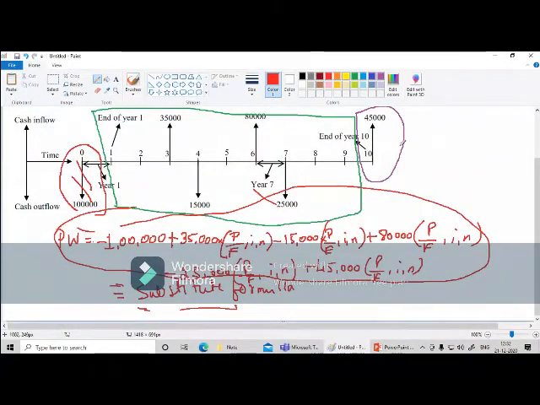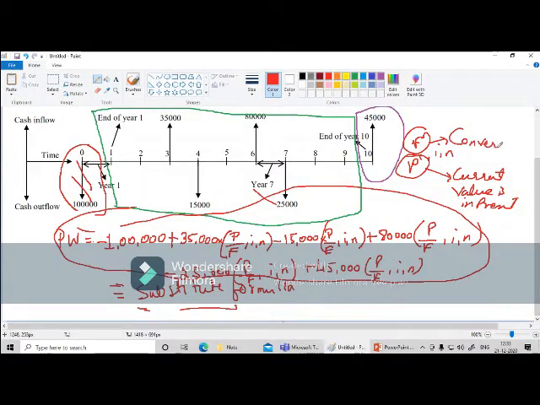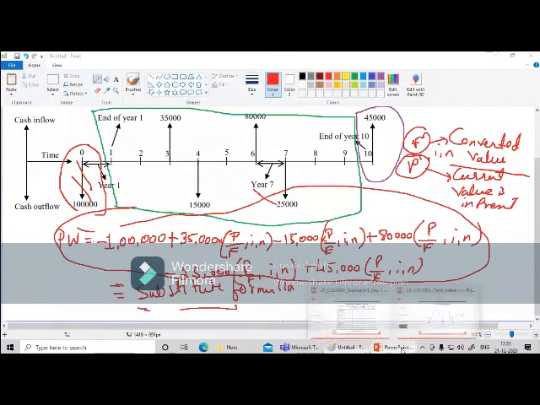If the formula says F by P, i comma n, the current value is in present state, and the converted value you require in future state. So this is how we use these equations.